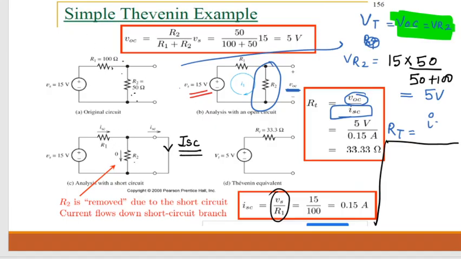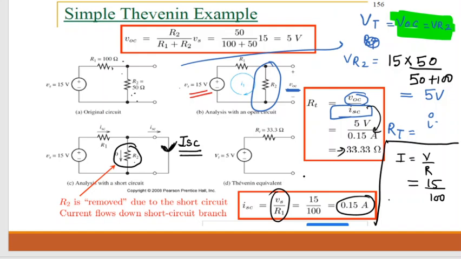Now we calculate ISC: since current will not follow through this path, ISC equals V over R, 15 by 100, which is 0.5. Now we substitute the values and get RT.